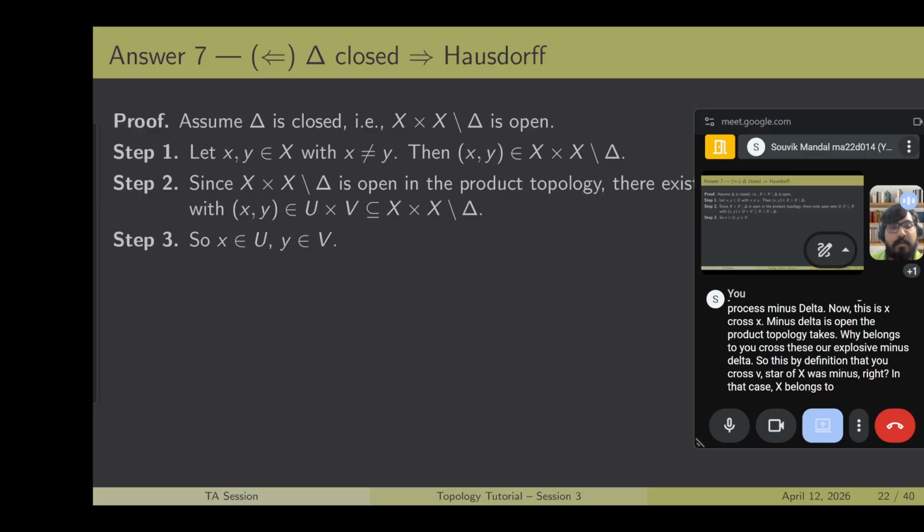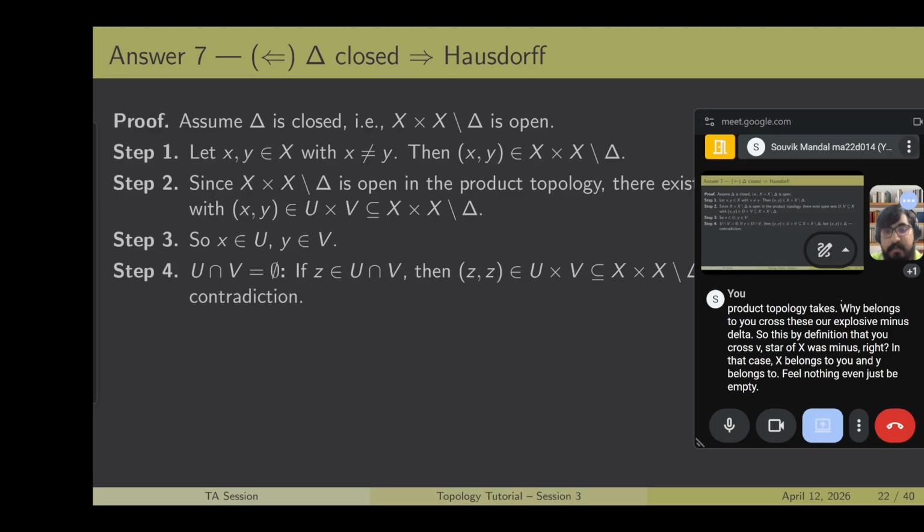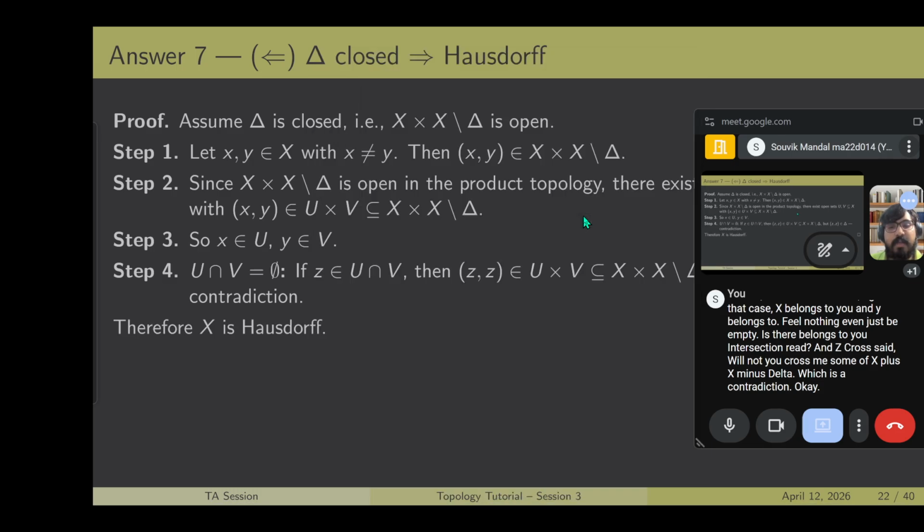In that case, x belongs to U and y belongs to V. Now, since U intersection V is empty, if z belongs to U intersection V, then (z, z) belongs to U cross V, a subset of X cross X minus Delta, which is a contradiction. So that means X is Hausdorff.